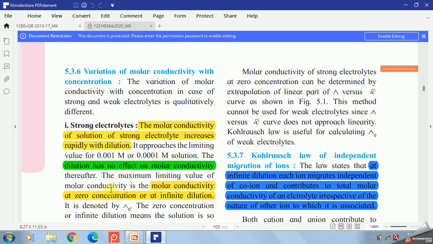The maximum limiting value of molar conductivity is the molar conductivity at zero concentration or at infinite dilution. That means on dilution further, if molar conductivity remains the same, that solution is called an infinitely dilute solution, or a zero concentrated solution, and the molar conductivity is denoted by capital lambda 0, where 0 represents the concentration is 0 or infinite dilution.